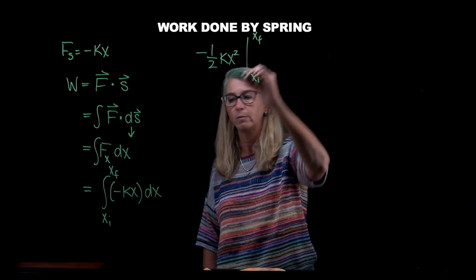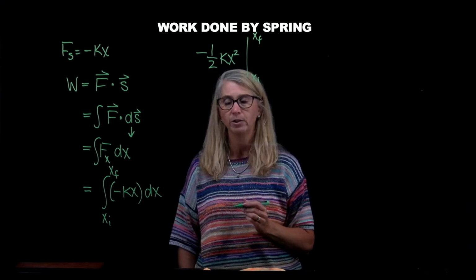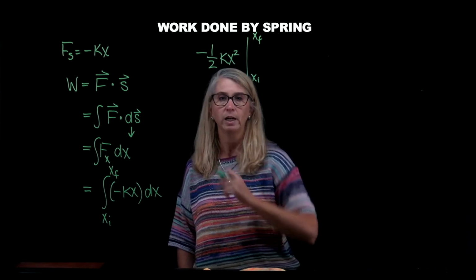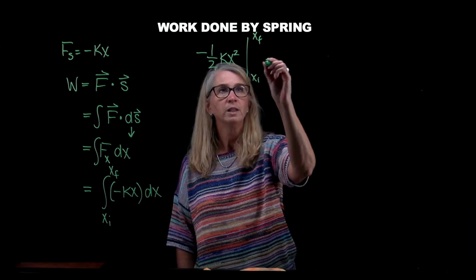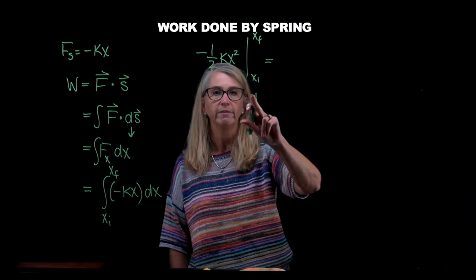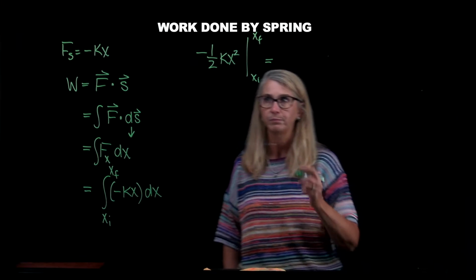So x went from a power of 1 here to a power of 2 here, and then we divided by 2. Of course, the negative sign came along for the ride. We can't just ignore it. Our endpoints where we're going to evaluate our integral are at x initial and x final.